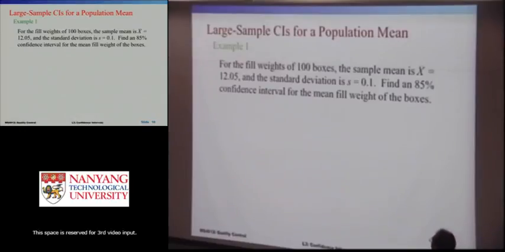So we can see for the filling weight of 100 boxes, the sample mean x bar is 12.05, and the standard deviation is s equals 0.1. So this standard deviation is the standard deviation of this sample. And find the 85% confidence interval for the mean fill weight of the box. What's the mean fill weight of the box?